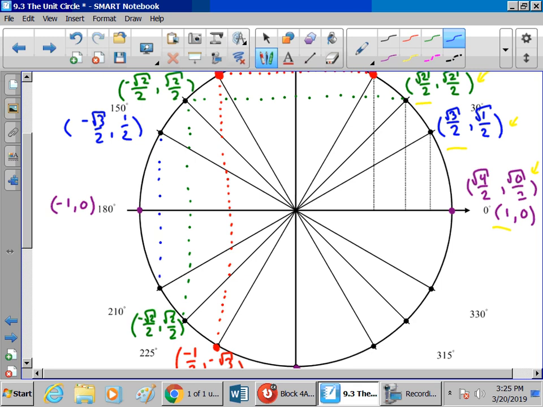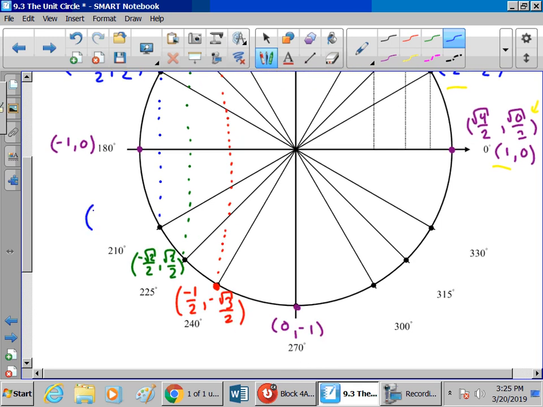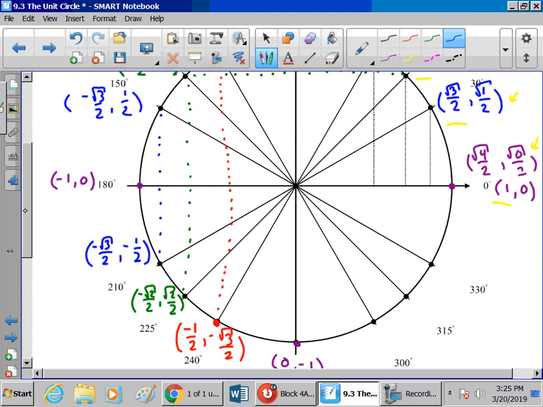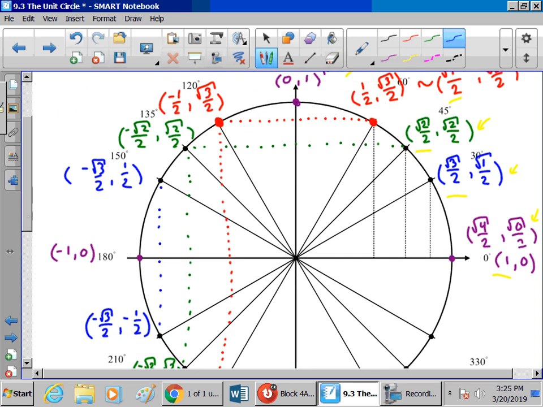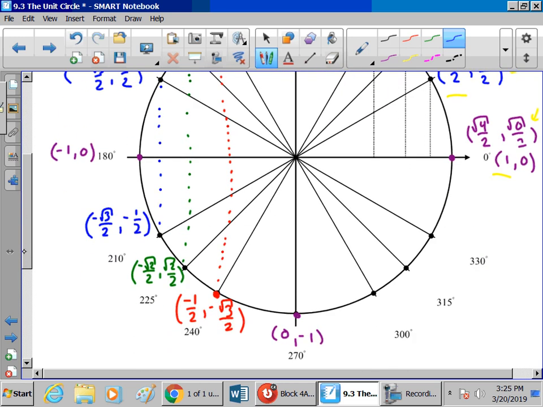Keep the x, switch the y. And then, because it's a circle, we could either generate this last one from, let's just keep going around the circle, just to make a nice picture.